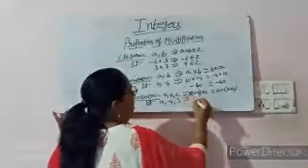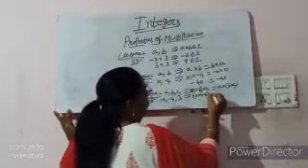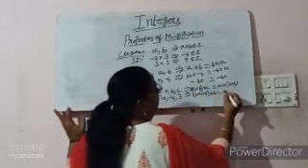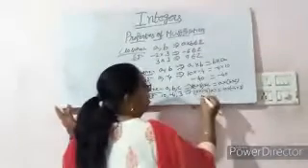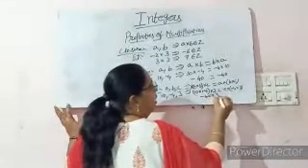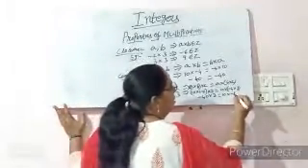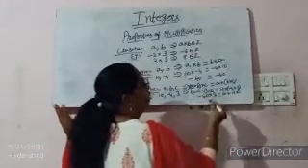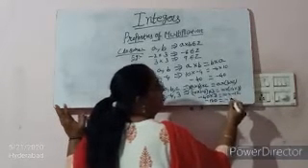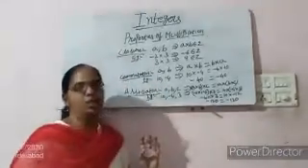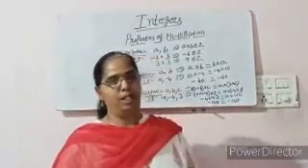Now if I multiply, 10 into -4, into 3 should equal 10 into -4 into 3. So 10 into -4 is -40, into 3 is -120. And -4 into 3 is -12, and 10 into -12 is also -120. Therefore, associative property also holds good in multiplication.